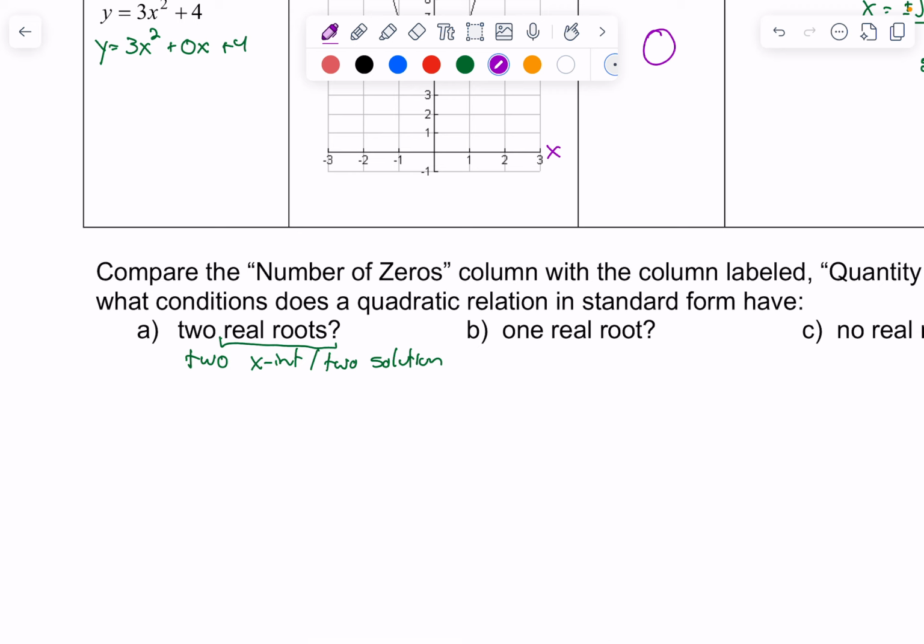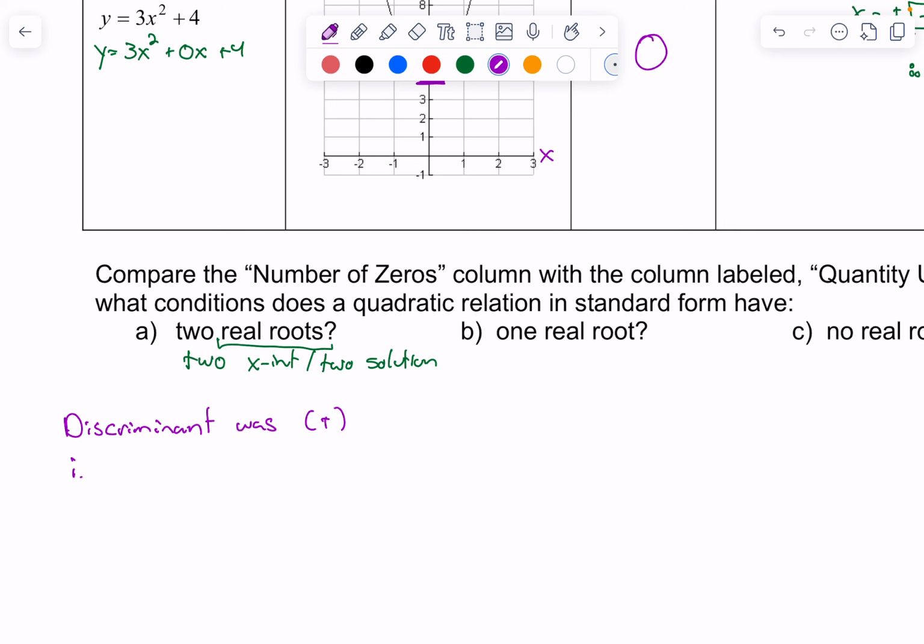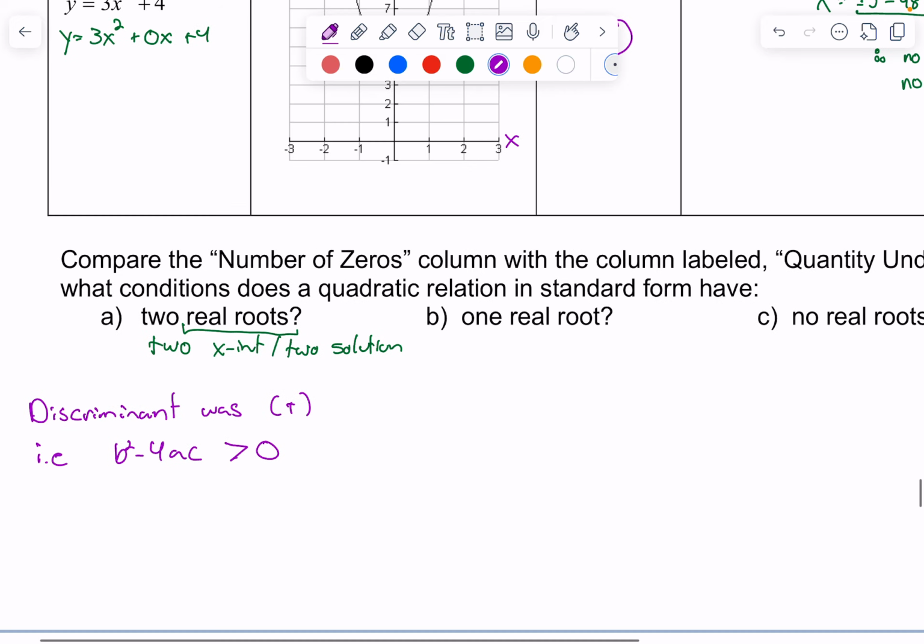It was when the discriminant was positive, i.e., when b squared minus 4ac had a value that was bigger than 0. It is positive.